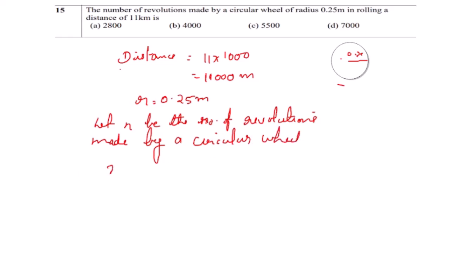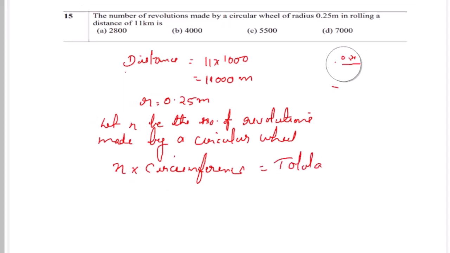So, number of revolutions into circumference of the wheel is equal to total distance. Right? This is the formula. N into circumference is equal to total distance.